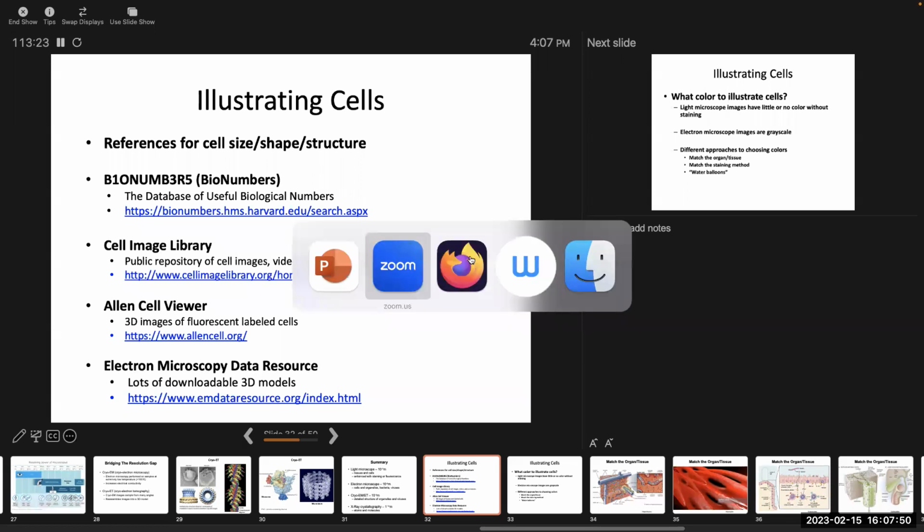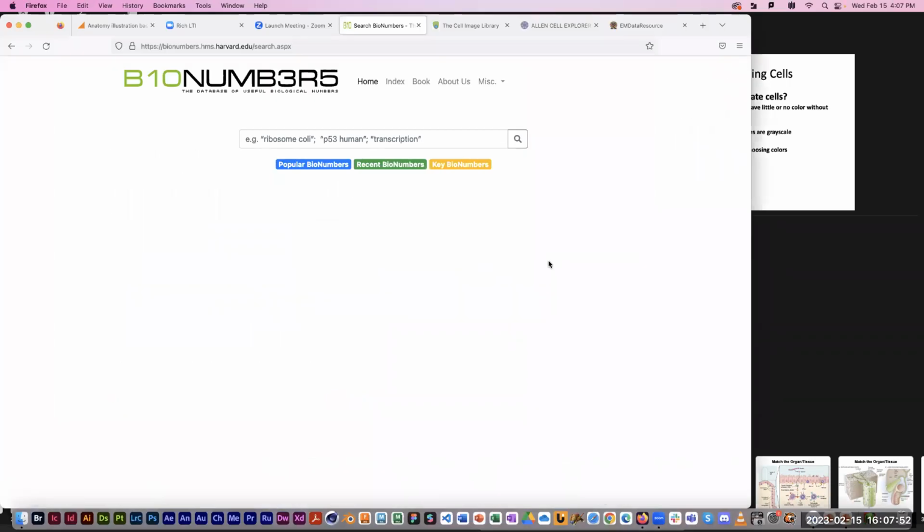And let's see if I can jump over to that. It's not showing up there, so I may have to stop share and try that again. It's still not showing up correctly on screen.